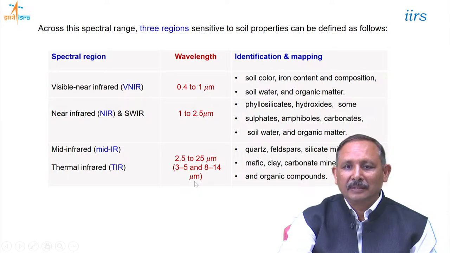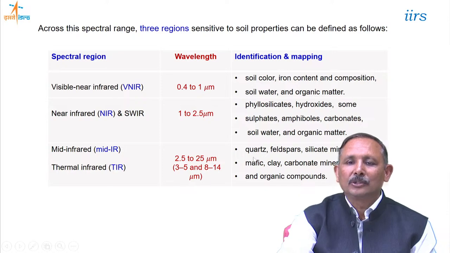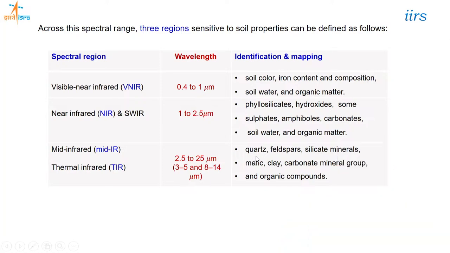The other wavelength ranges in this region are not transparent to the atmosphere. This thermal infrared region is mainly used for mapping of quartz, feldspars, silicate clay minerals, and carbonates. So you can say these thermal bands are also useful for mapping of clay minerals and carbonates.